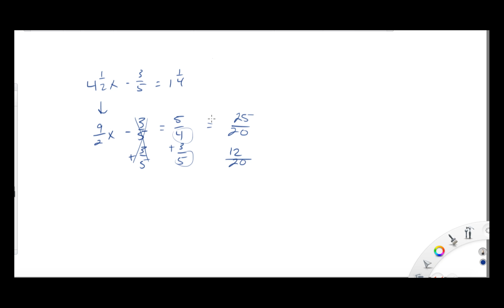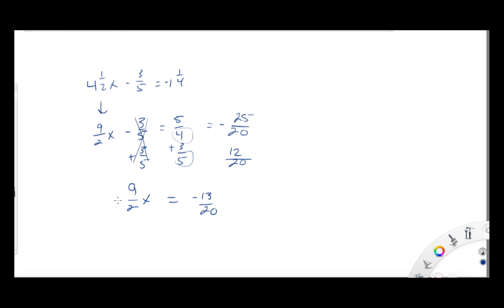This is a negative 1 1/4, so that's a negative 25 over 12. So we have 9 over 2x equals, and then 12 and 25, we would say that is a negative 13 over 20.